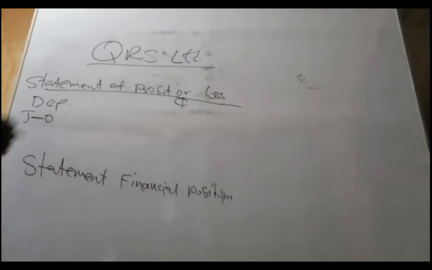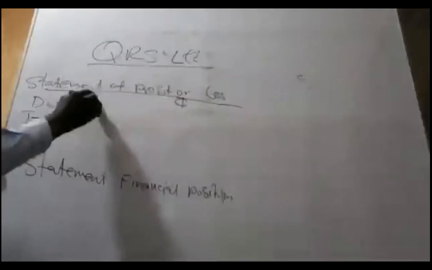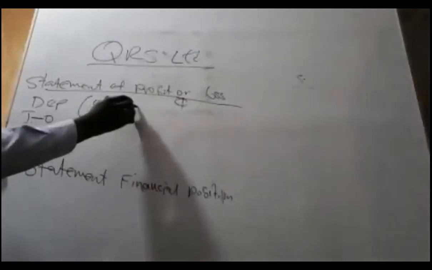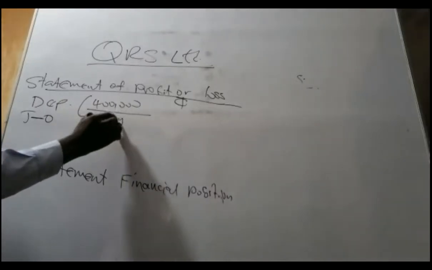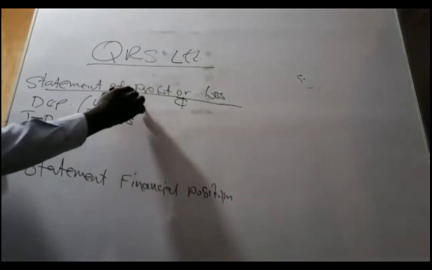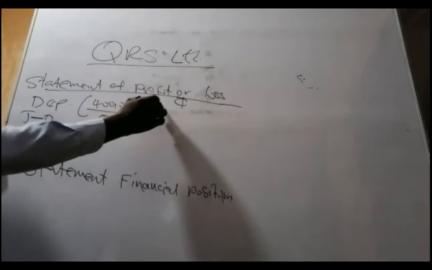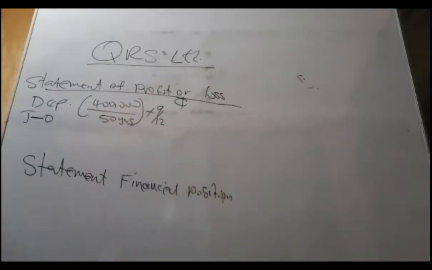What is the cost of the asset? The cost of the asset is 400,000. Divided by 50 years. That's the life of the asset. Times 9 out of 12.